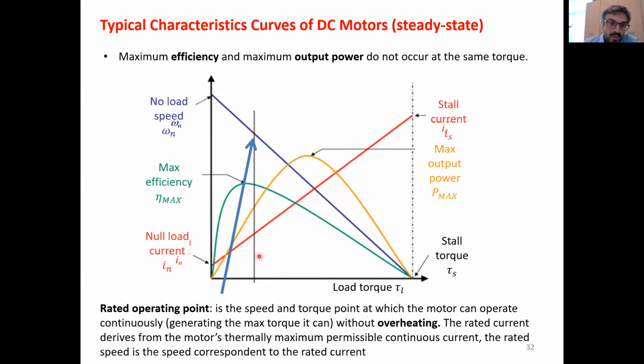So the rated operating point is the one that is best for the motor, that is the maximum torque and the relative speed at which the motor can operate continuously, so in steady state, without overheating. And usually it is related to the thermal characteristics of the motor.